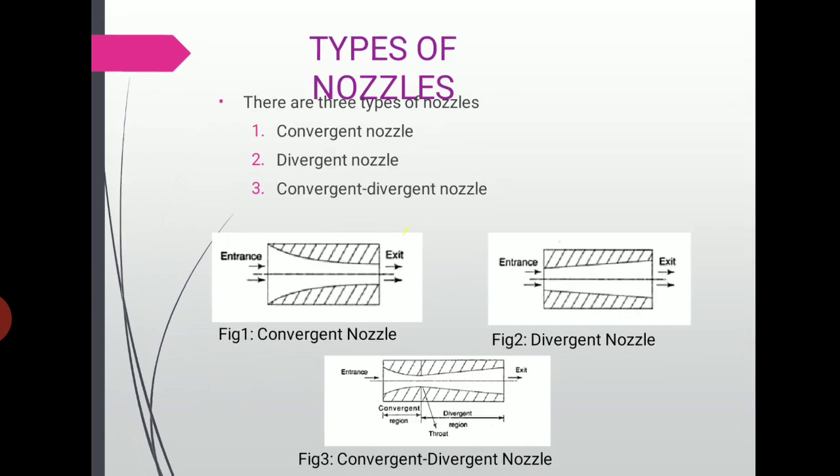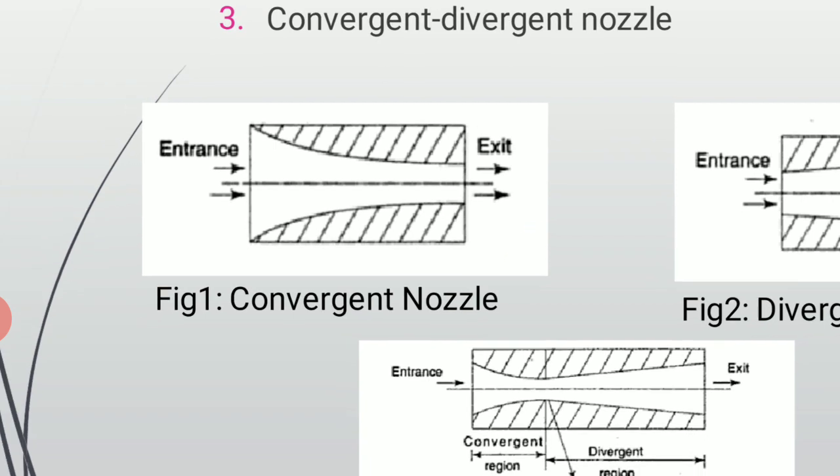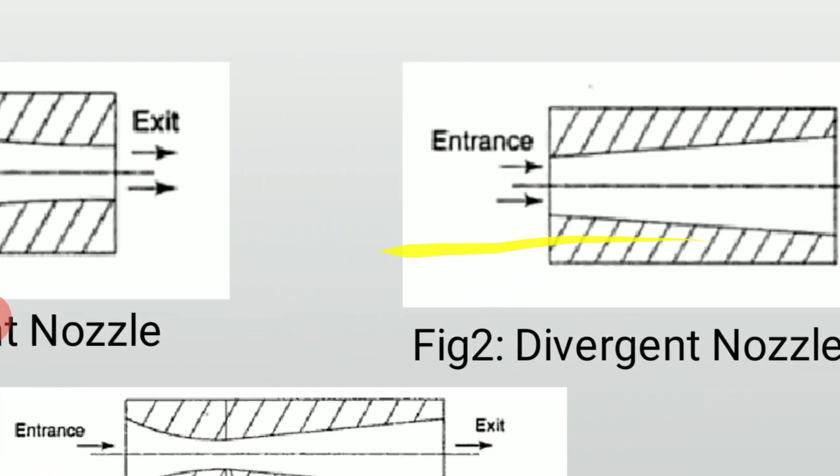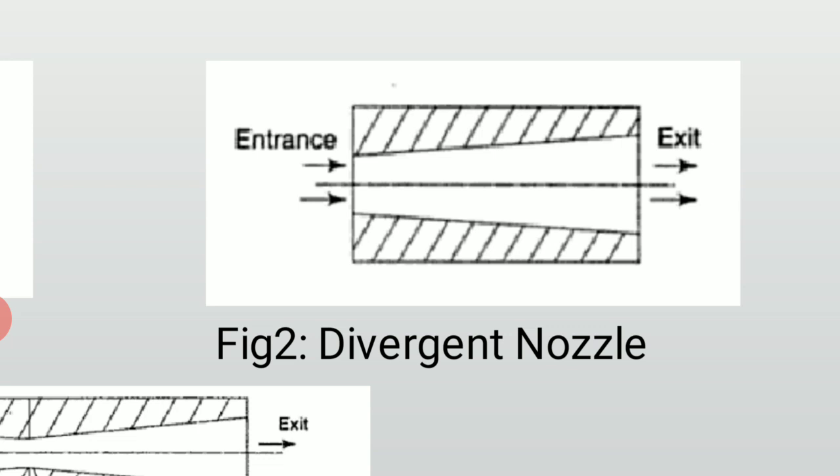If you see the convergent nozzle, this is its shape. It will only be convergent, and then the exit is called the throat. Then divergent nozzle: the entrance will be the throat.